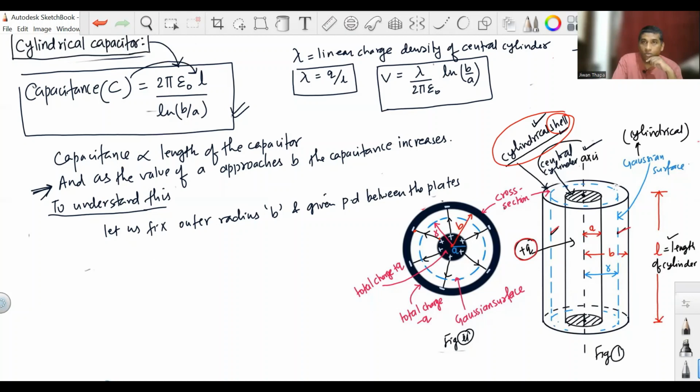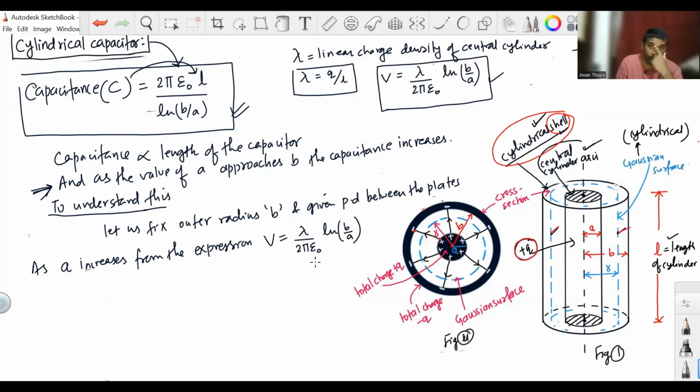Now, what we find, as A increases, from the expression V equals lambda by 2 pi epsilon 0 ln B by A, what we find from this expression is lambda must increase.